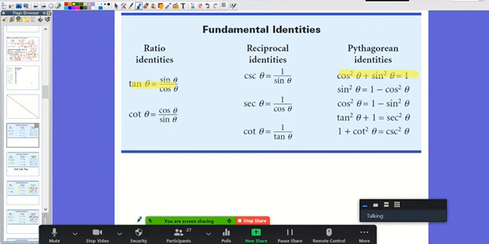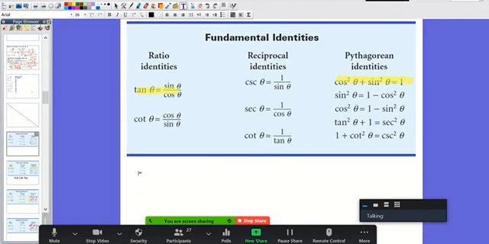Imagine if you have a sentence that reads like this: I have $1 and 50 cents.